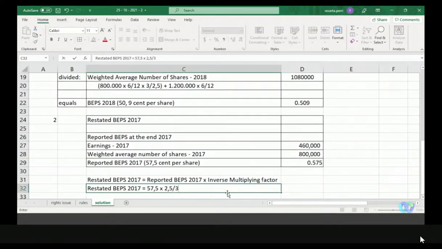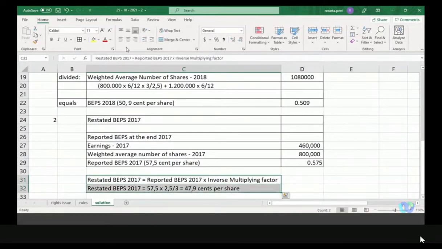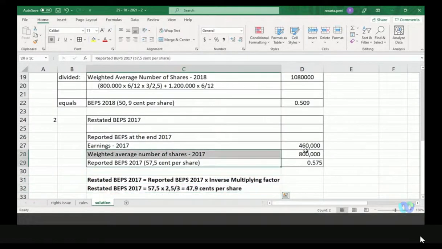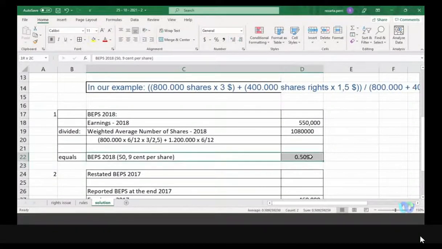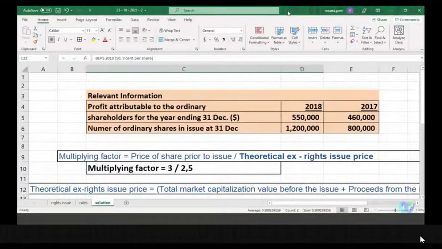This is the inverse multiplying factor, and I've previously done the calculations. That would be equal to 47.9 cents per share. Okay, so this is how we do the calculations of the previously reported earning per share for the previous year, and then restate by applying the inverse of the multiplication factor. Any question to that? Something that we need to clarify further?